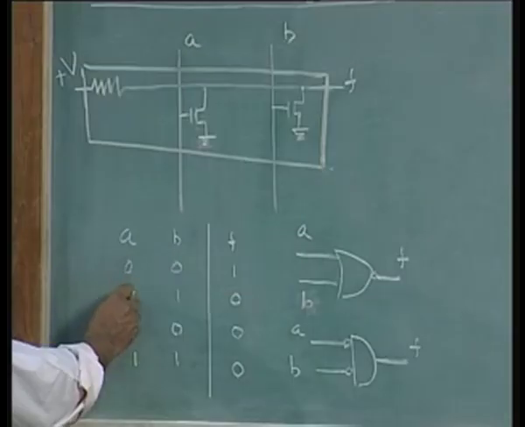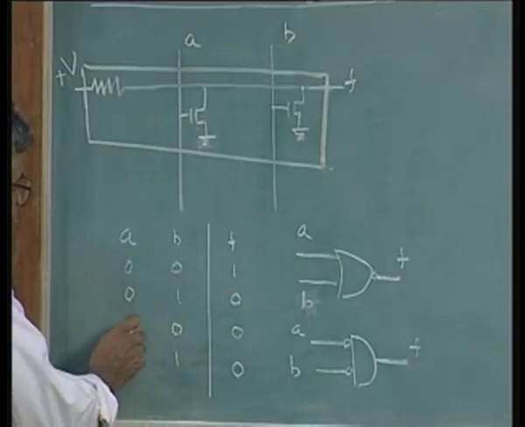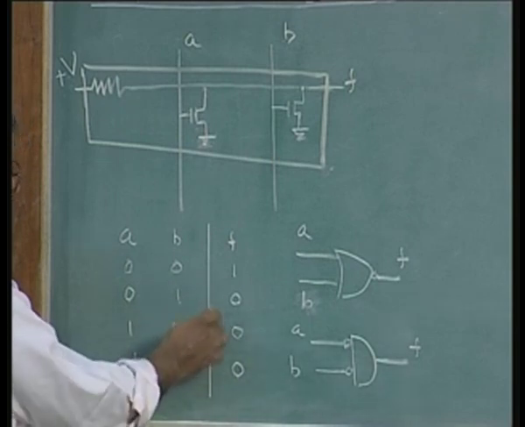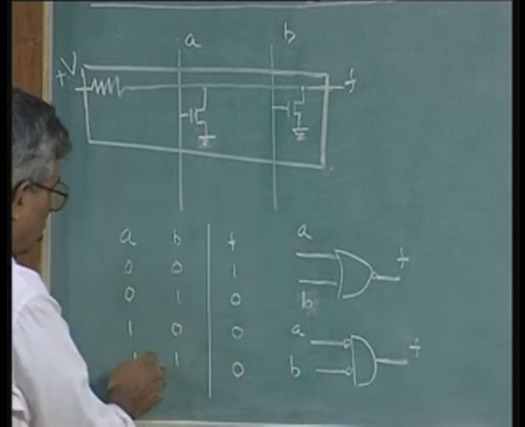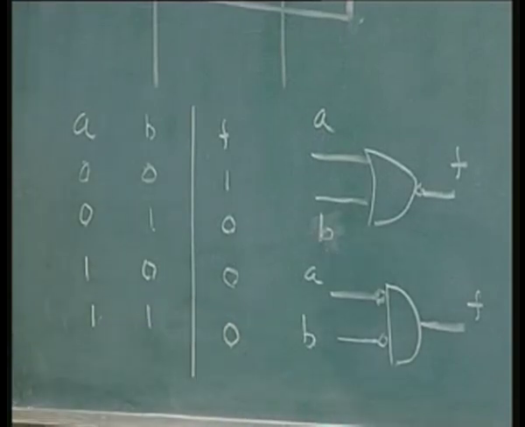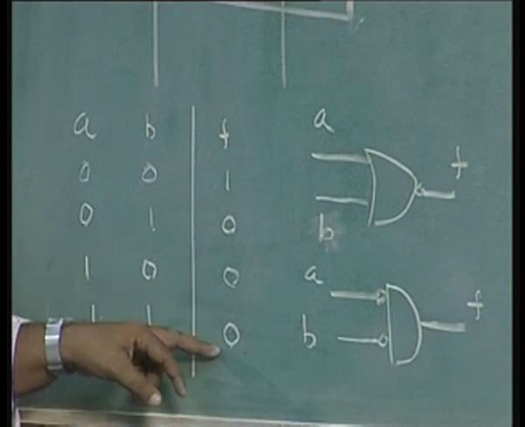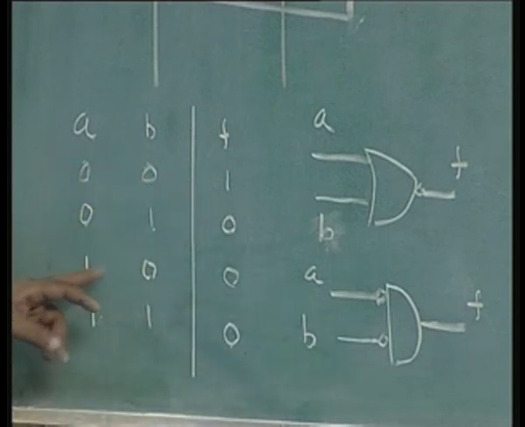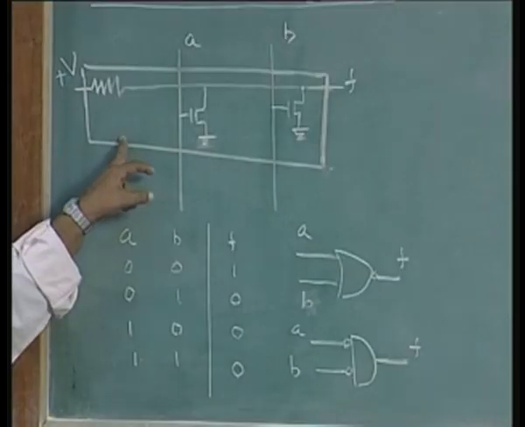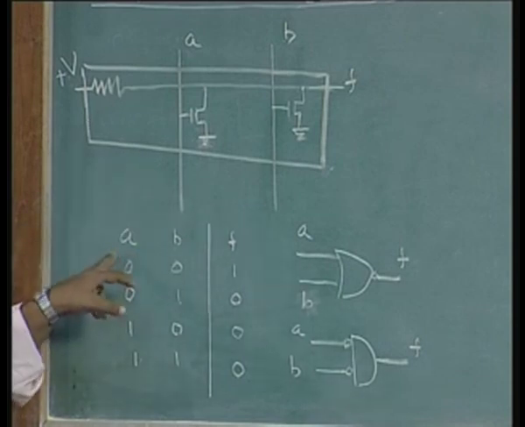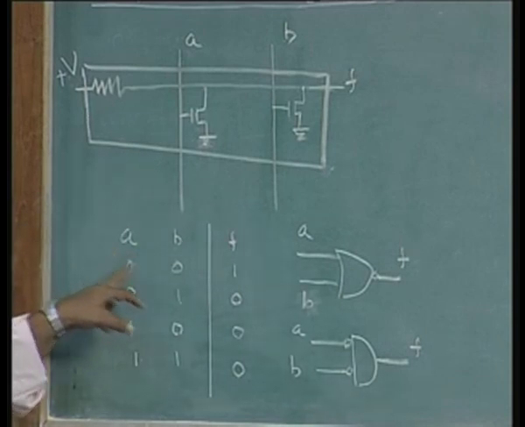So if A is 0 and B is 1, or B is 0 and A is 1, in either case the output is going to be 0, and also when both are 1, the output is going to be 0. That means I can realize an output F as 1 0 0 0 for input combinations 0 0, 0 1, 1 0, 1 1 by this arrangement, and this is nothing but the characteristic of a NOR gate. All of you know it is the complement of an OR gate.